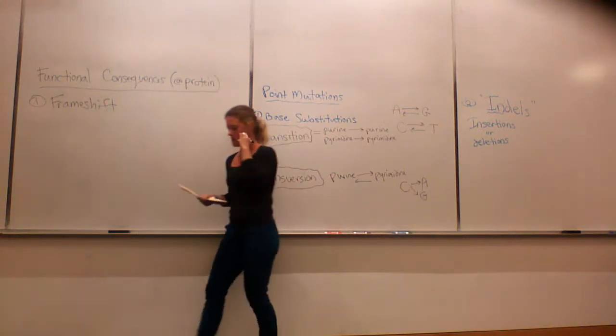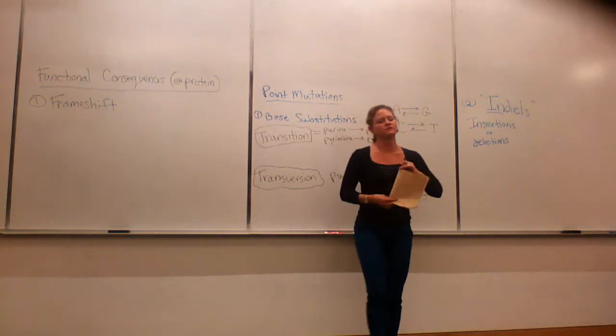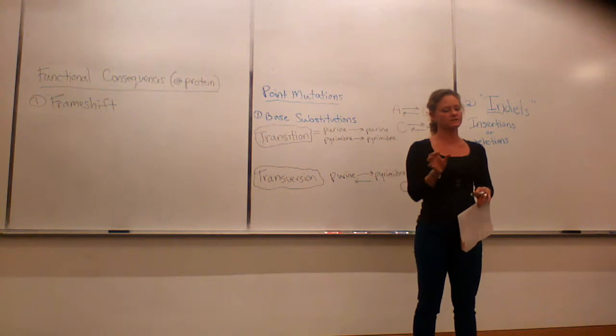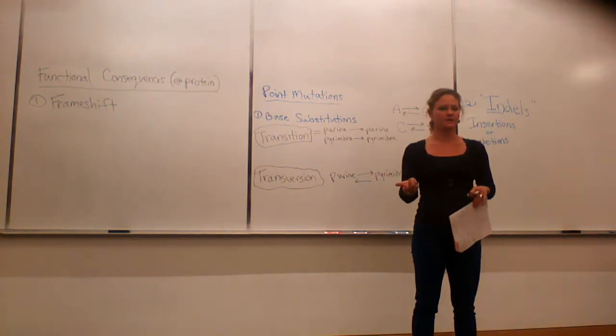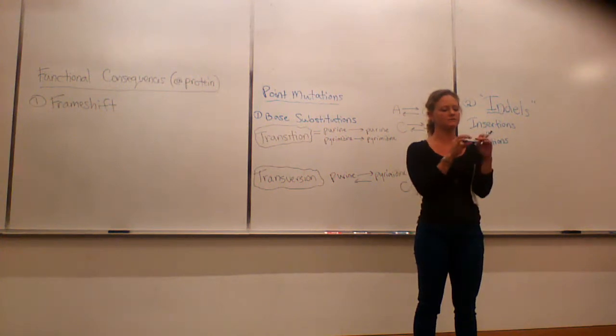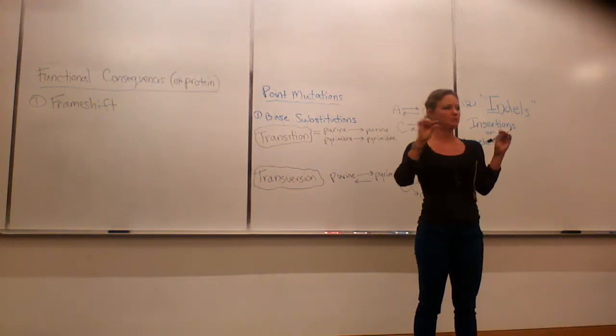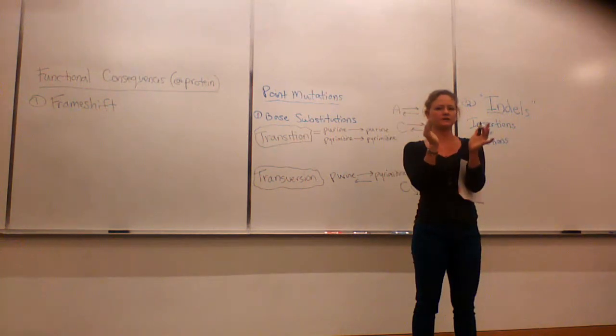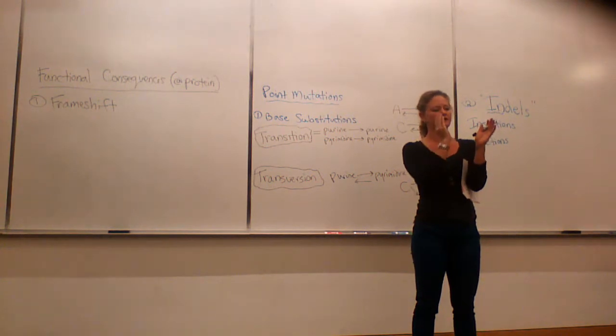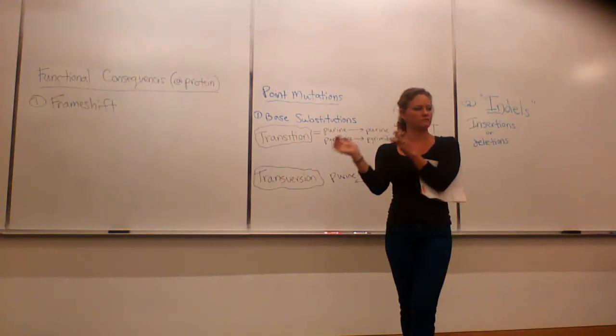Okay. And what that means, with genetics we often refer to the coding sequence as the reading frame. It's just like if you took a sentence out of a book and deleted one of the letters and then crammed the letters all together based on the organization that you were originally reading.